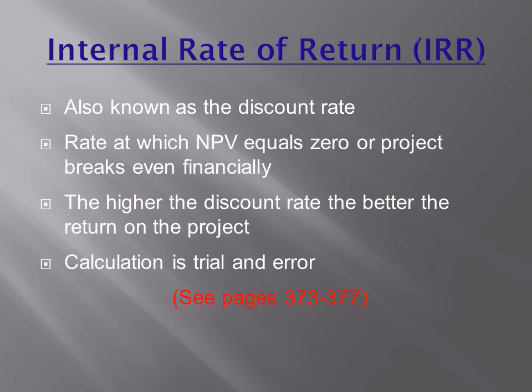So you have to plug in numbers until you understand which of your alternatives is closest to 0. You'll see that on page 373 and 377. So look for those examples and try to work through them as we go a little further in this slide.